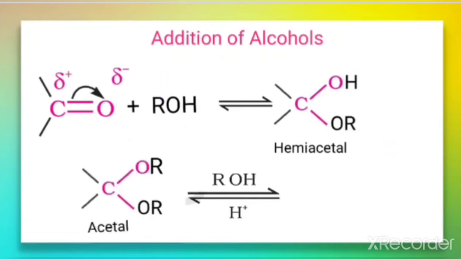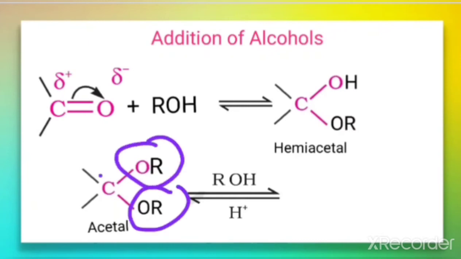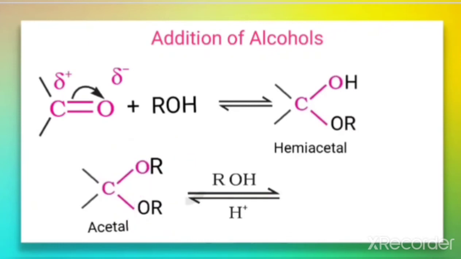When one more molecule of alcohol is treated in the presence of H plus, then we get acetal as the product. That means in this OH, H is replaced with R. So that results in the formation of acetal. In acetal you can see 2 OR groups attached to the same carbon atom, and that is called acetal.